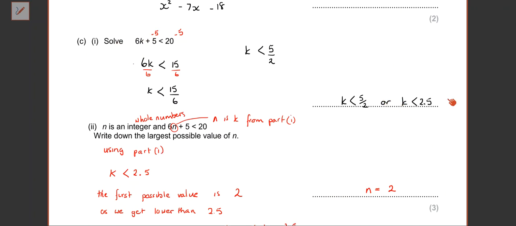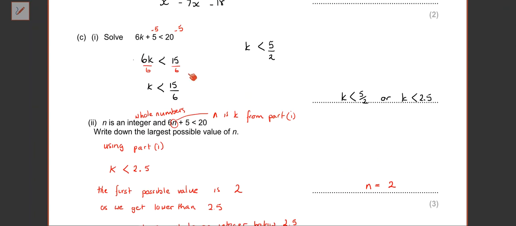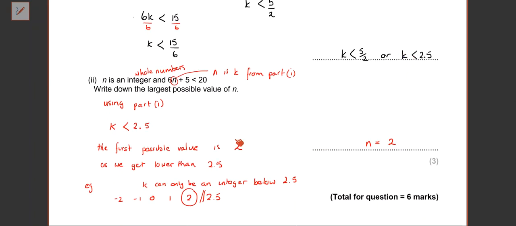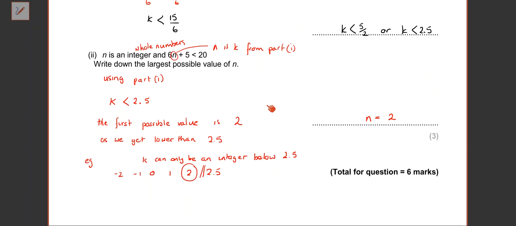So for part 1, 2 marks. Same thing as before. 1 mark for the 2.5 again, or equivalent: 5 over 2, 15 over 6, whatever. And then 1 mark if you did the k must be less than. And then 1 mark because we need to notice that this is the same as this, just with an n instead of a k. And we're saying k, or n, has to be less than 2.5.